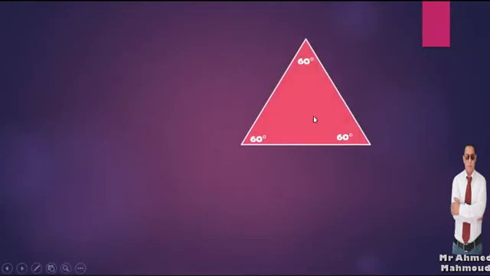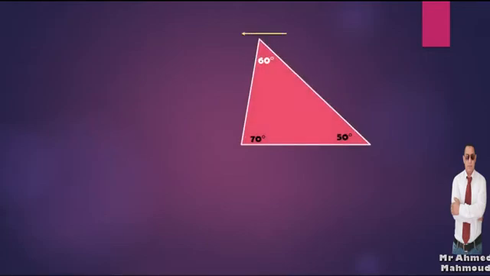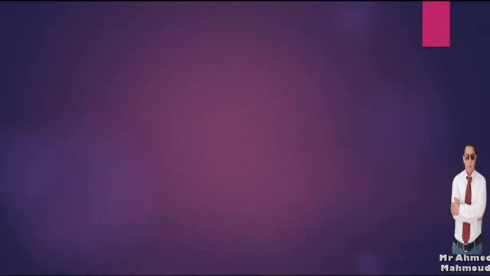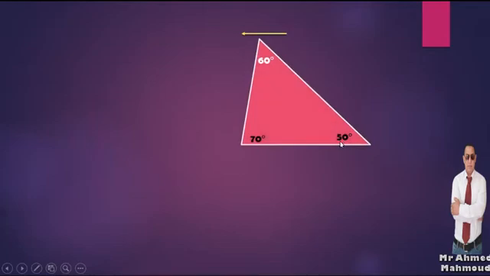Now, if we have this triangle, which is, of course, an equilateral triangle, and I need to change the measure of this angle, for example, the angle was 60, changed into 50 like this.